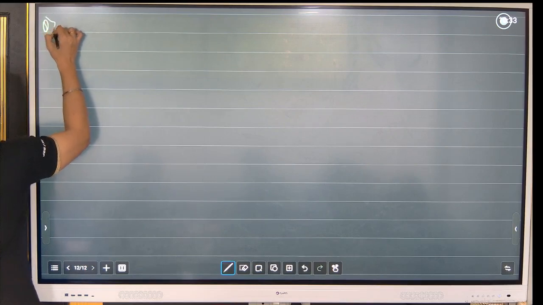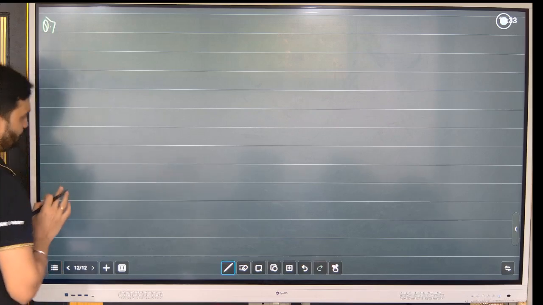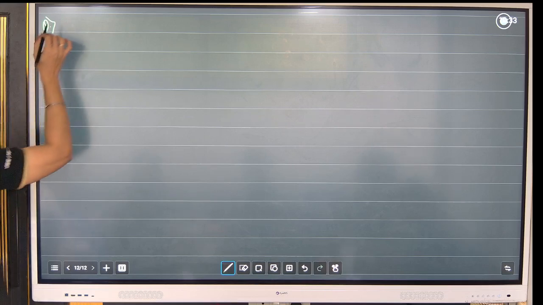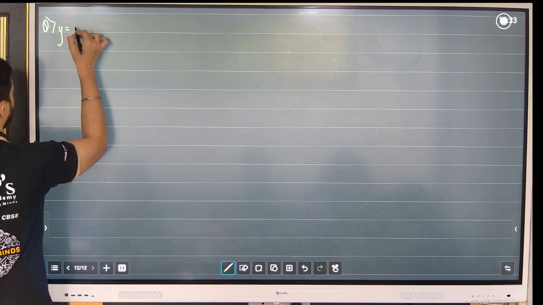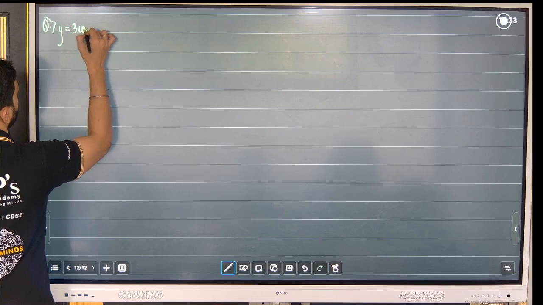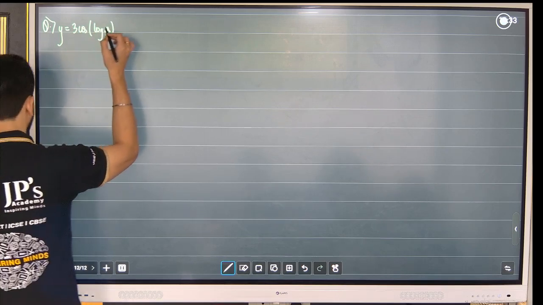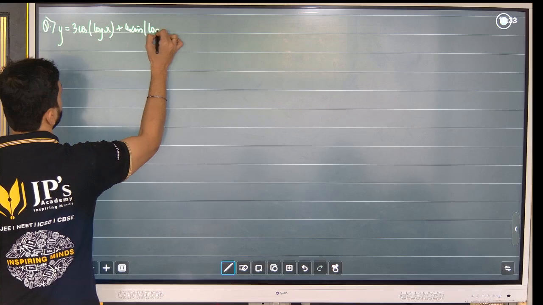Now, double differentiation. Imagine the question, what we have to prove and how students do it. I'm just going to show it to you, so that we can avoid it. We'll be doing, to show you, y is equal to 3 cos log x plus 4 sin log x.